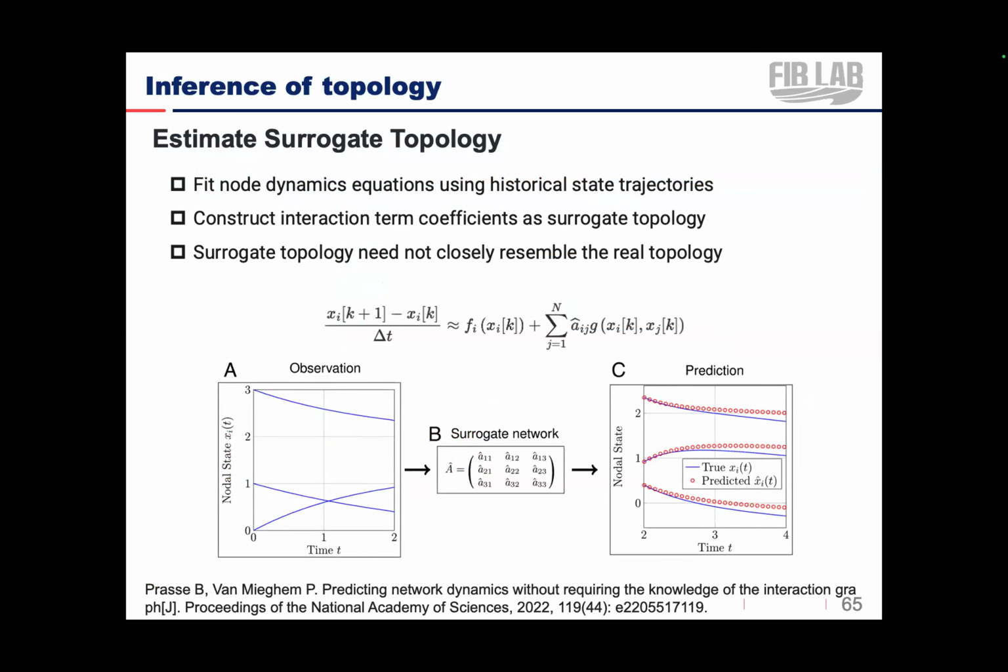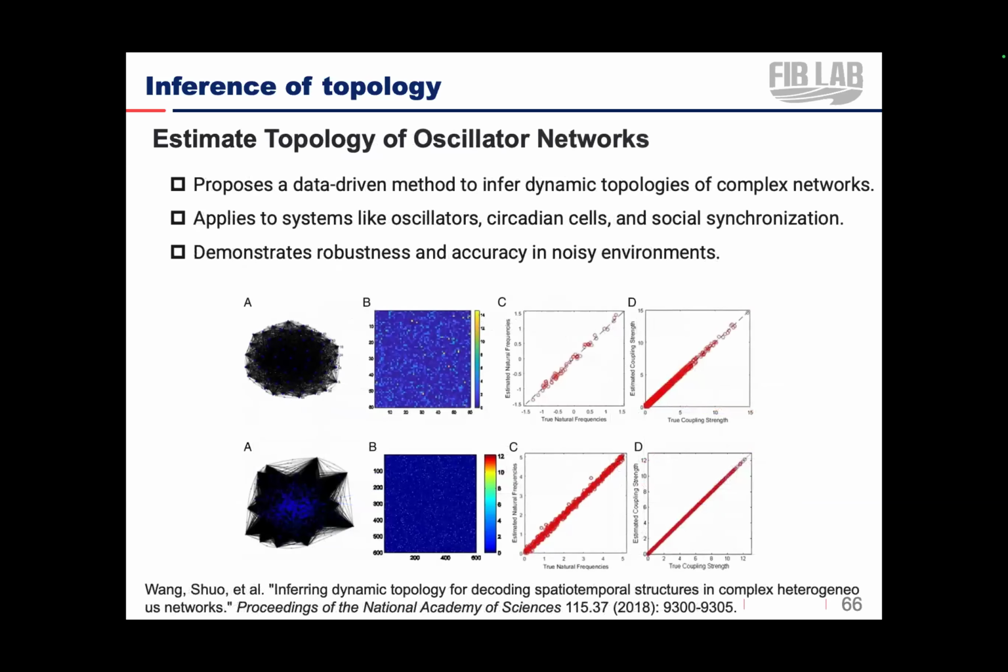This approximates real connections, even if it is not identical, but it still works surprisingly well for predicting dynamics, proving that we don't always need ground truth to model the behavior of the entire system.